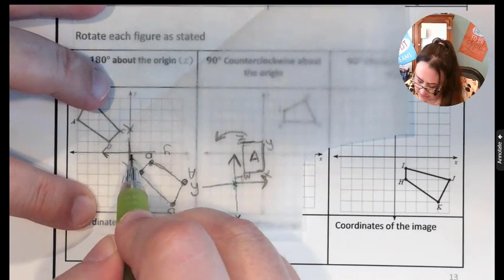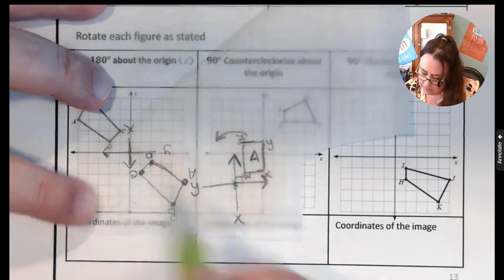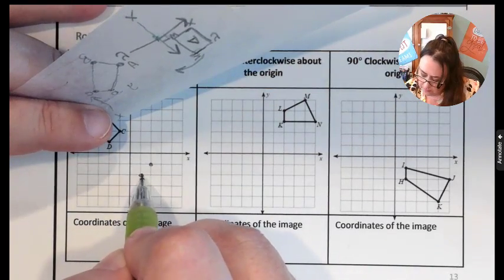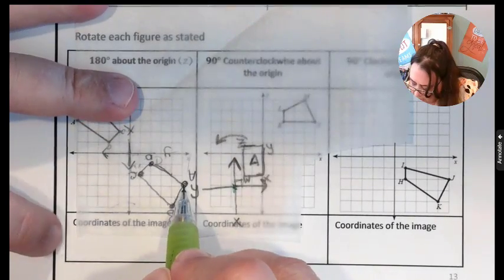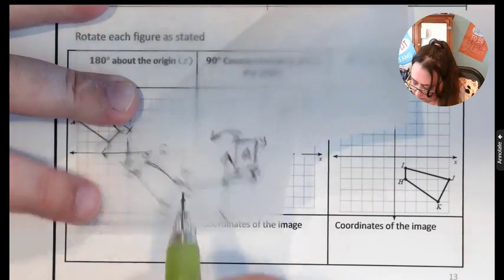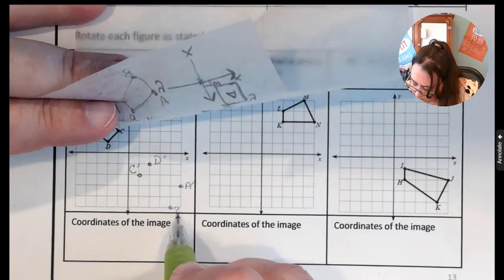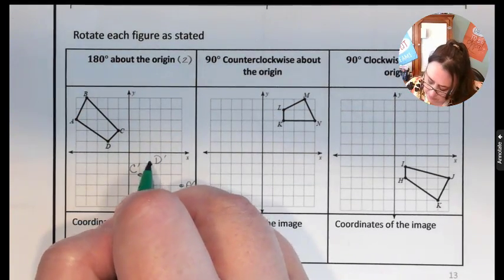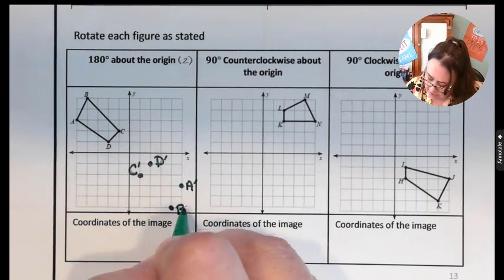And then C is going to be over 1 down 2. So this was D prime and this was C prime. A, and then B. So we have D prime, we have C prime, we have A prime, and we have B prime.